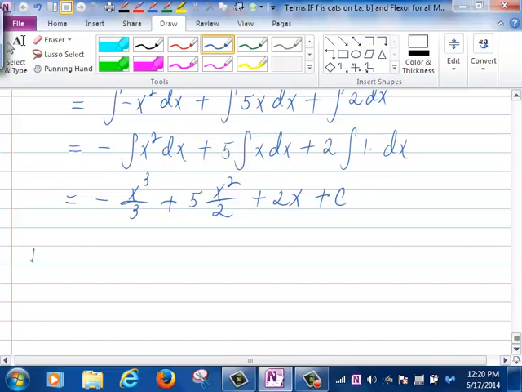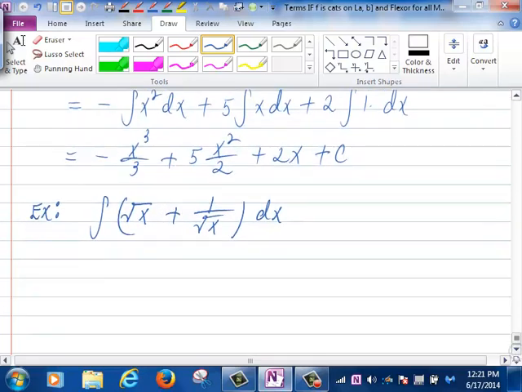Next example. We are going to make it a little bit more difficult. What's the integral of root x plus 1 over root x dx? Well, again, this is basically having x to the half plus x to the negative half, right?